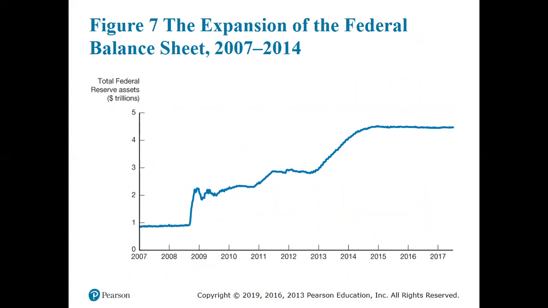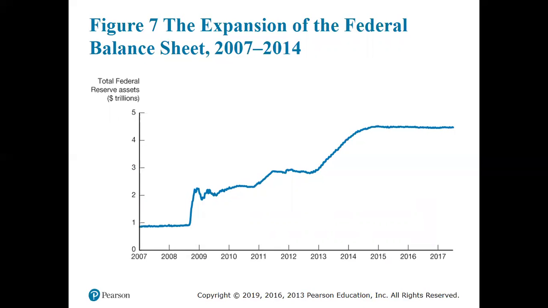Now, this figure 7 is an important and interesting graph showing the Federal Reserve total assets, and how up until fall of 2008, the total Federal Reserve assets were historically under $1 trillion.